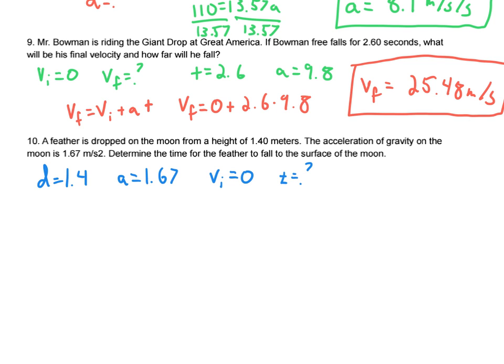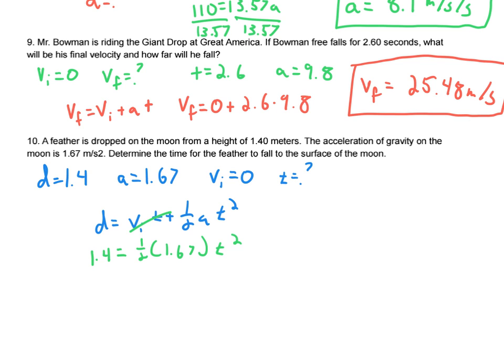So I'm going to use distance equals initial velocity times time plus 1/2 at squared. All right, 1.4 meters. This term will go away again, times 1/2 times acceleration 1.67 times t squared. And we just solve from here.